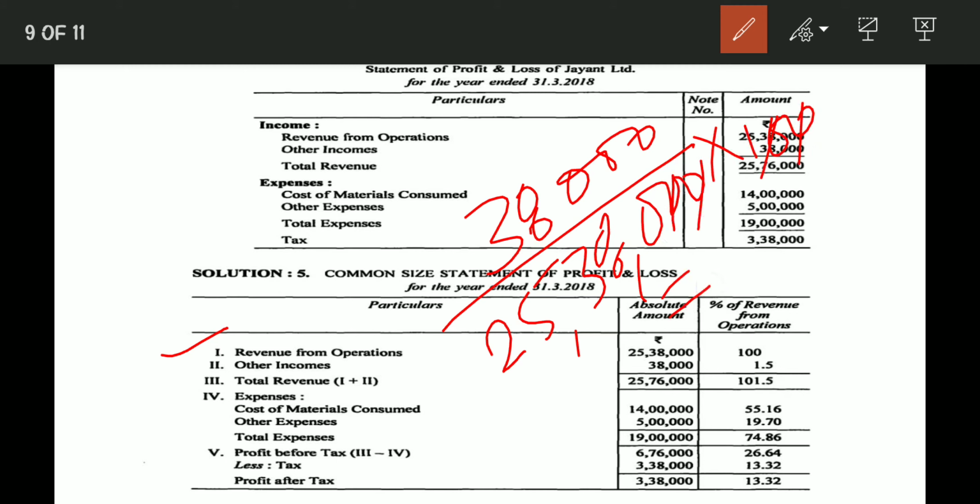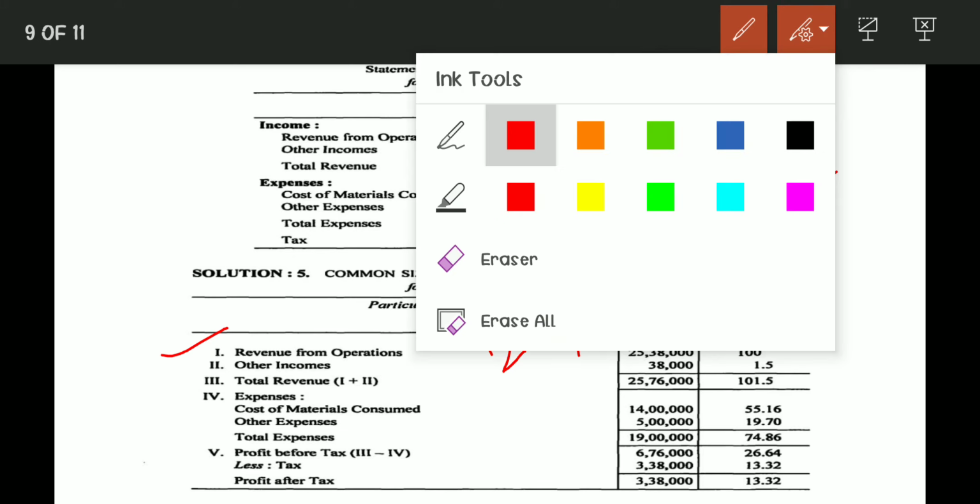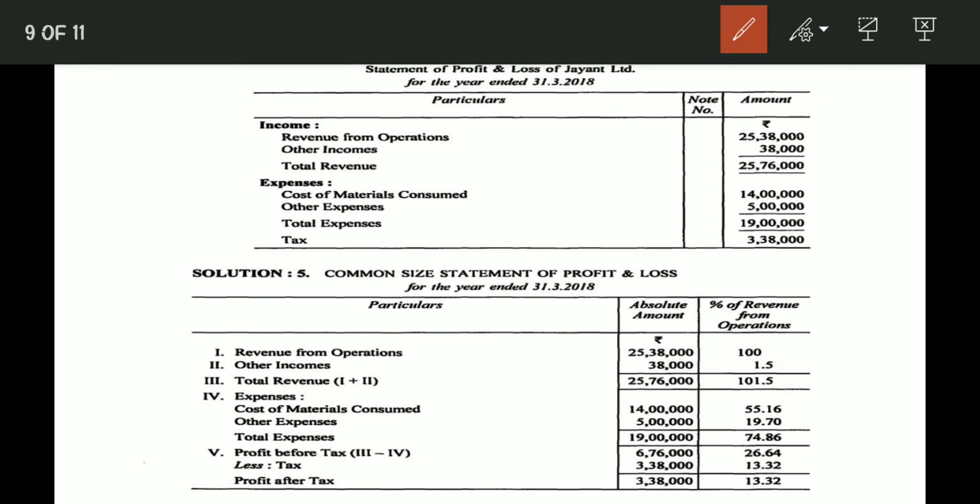Okay, you can easily solve them. You can find 1.5%, right? So revenue from operation is taken as a common base, and all the data are calculated on the basis of revenue from operation in profit and loss account.